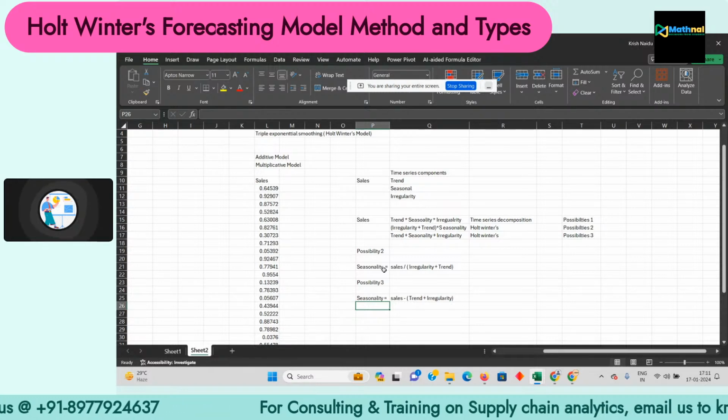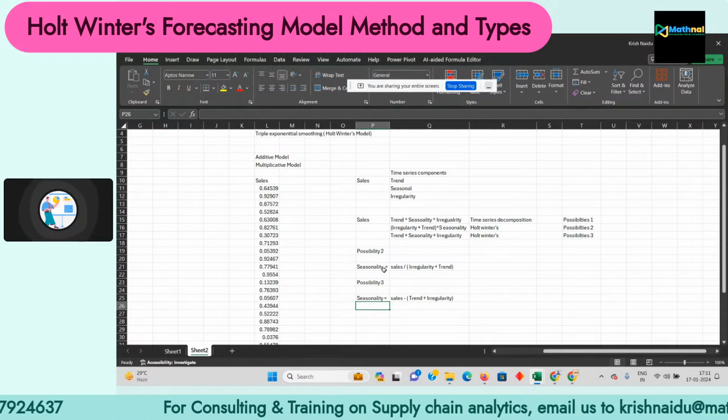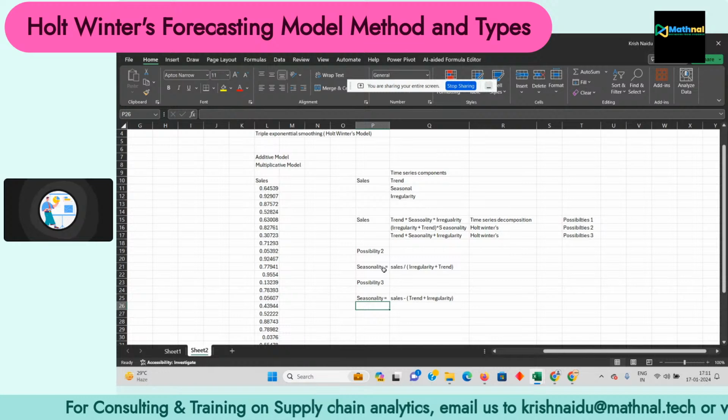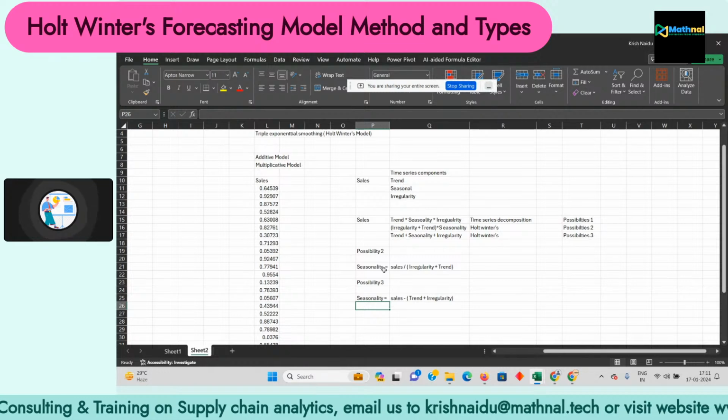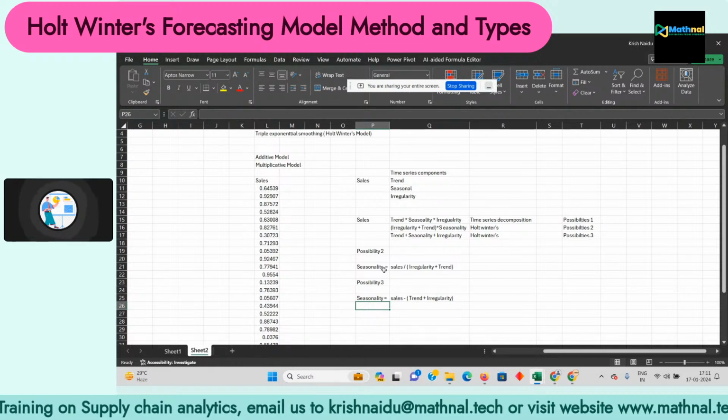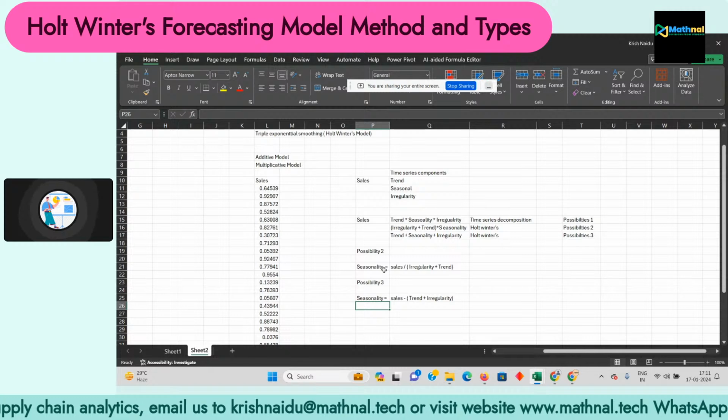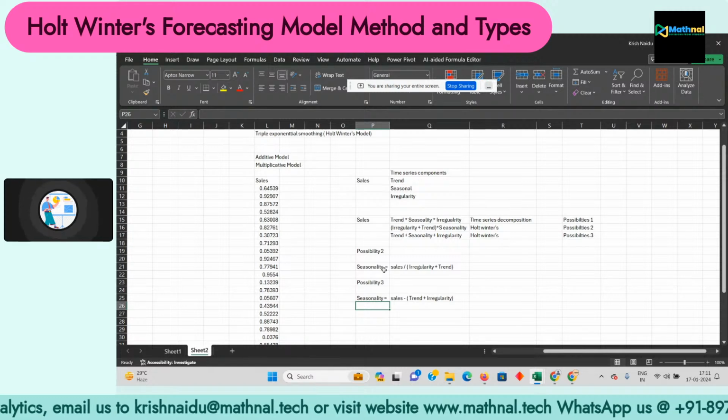This is very important because when we set our combinations, we can find the other components by using these formulas. So we need to have a clear understanding of what kind of combinations we are going with for our time series components.